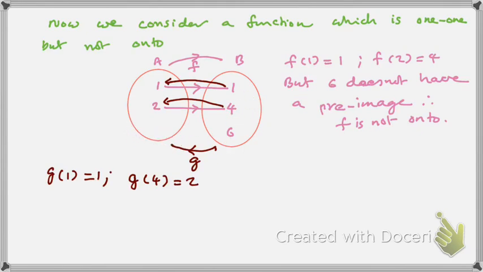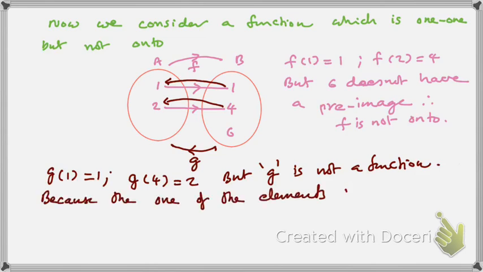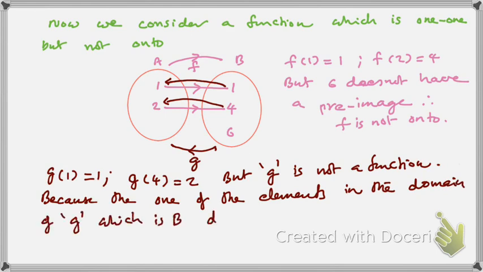Why is it not a function this time? Because one of the elements in its domain, 6, does not have an image, and therefore g is not a function. So my conclusion is that f inverse does not exist if f is not onto.